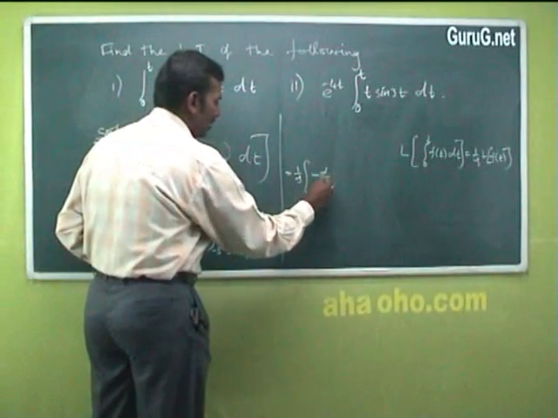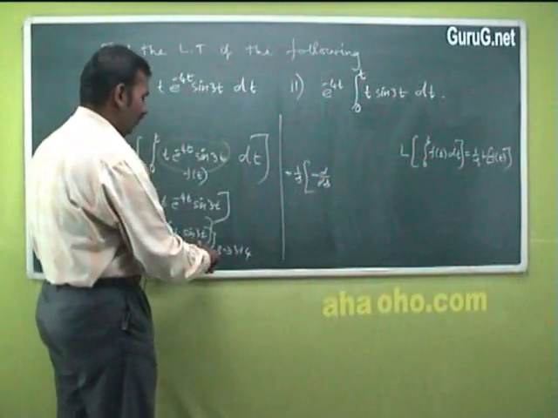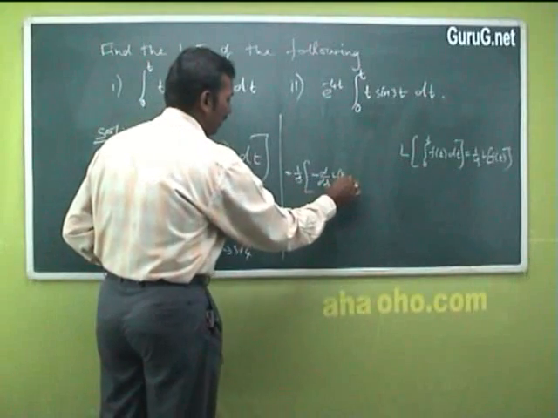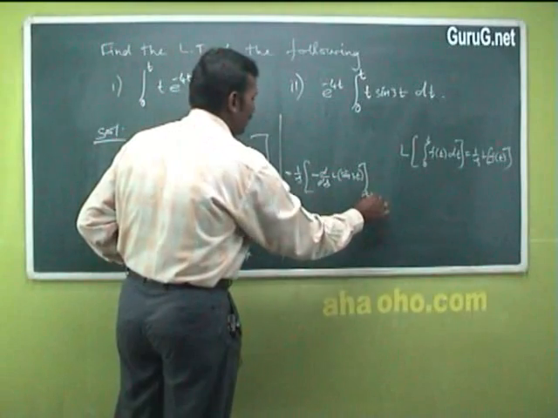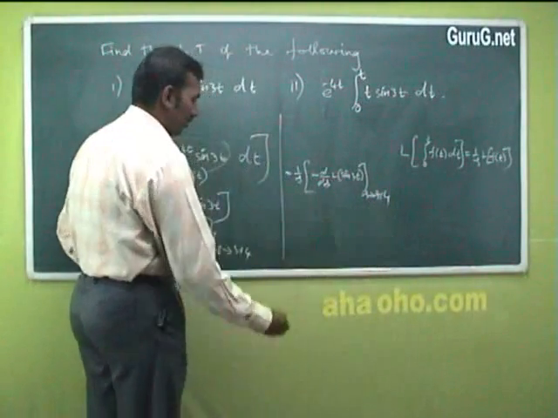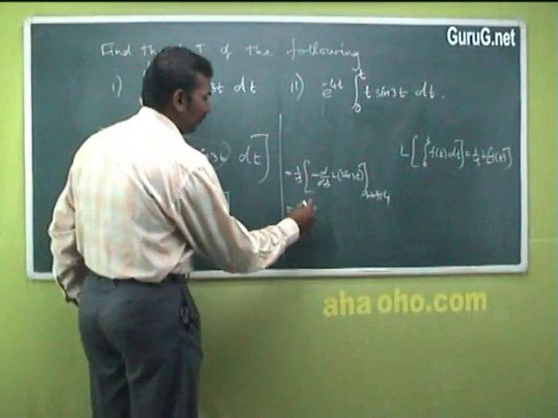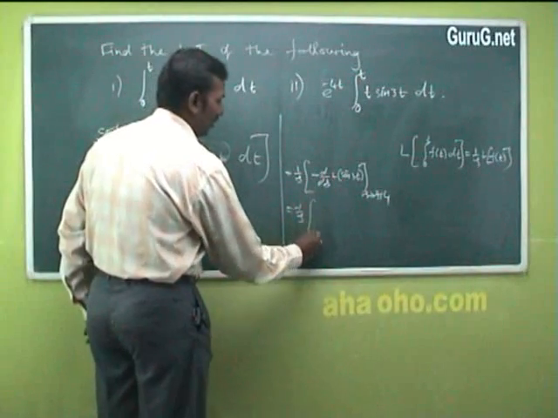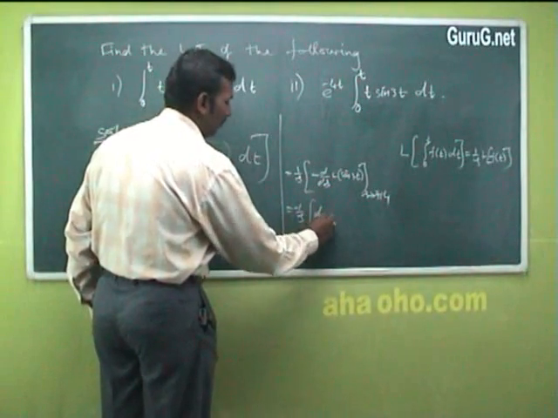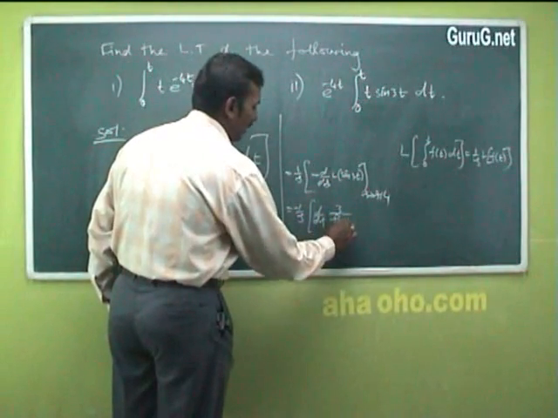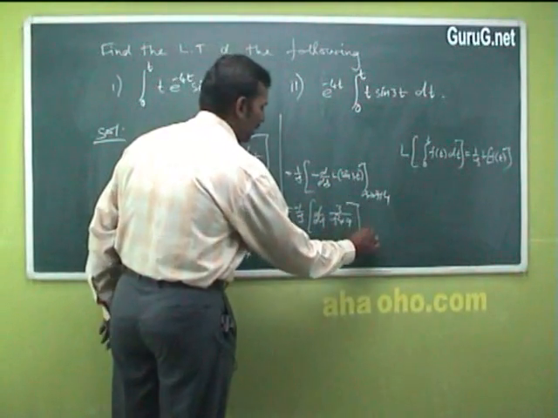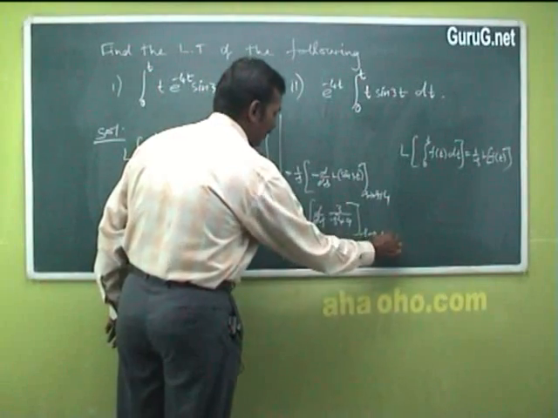Minus d by ds. So L of sin 3t, with s replaced by s plus 4. So 1 by s into, take the minus sign outside, d by ds of L of sin 3t, that is 3 by s squared plus 9, where s is replaced by s plus 4.